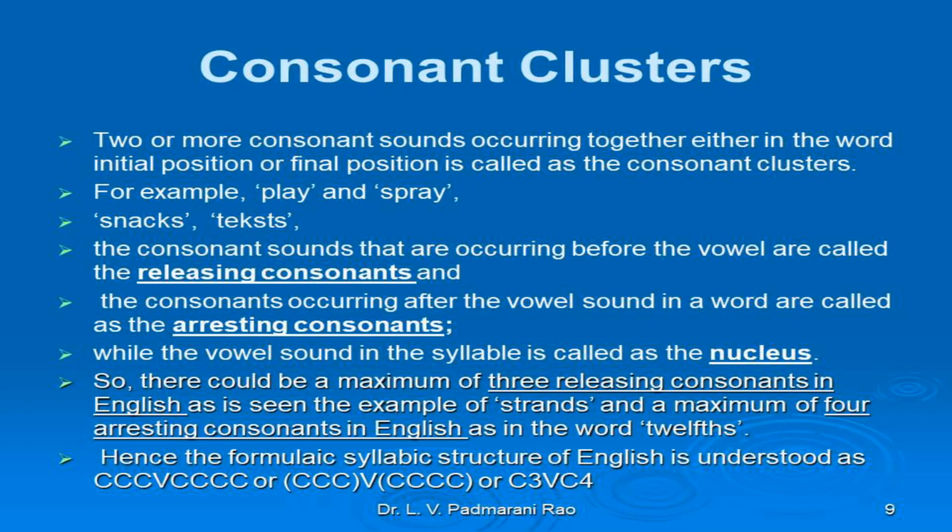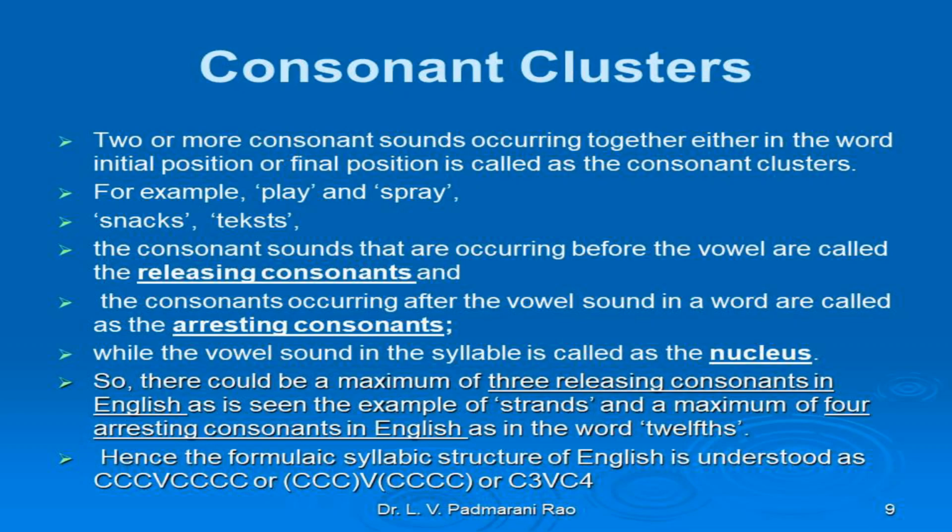It is called the nucleus because it is the most important element in a syllable, just like the nucleus is a very important element in every cell. Similarly is the presence of the vowel sound, which is very important for a syllable to be formed. We cannot expect a syllable to stand without the nucleus. We may have the releasing consonants and arresting consonants, and the number is restricted to 3 in the beginning and 4 in the end.